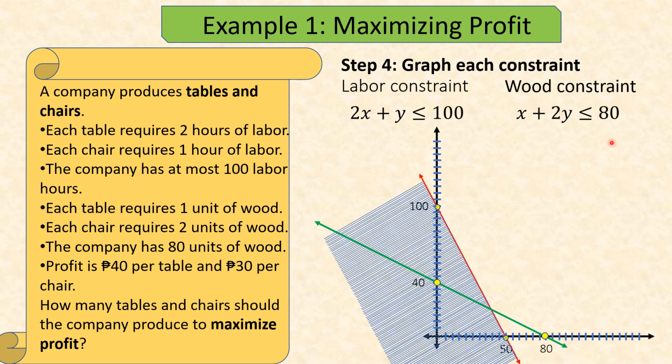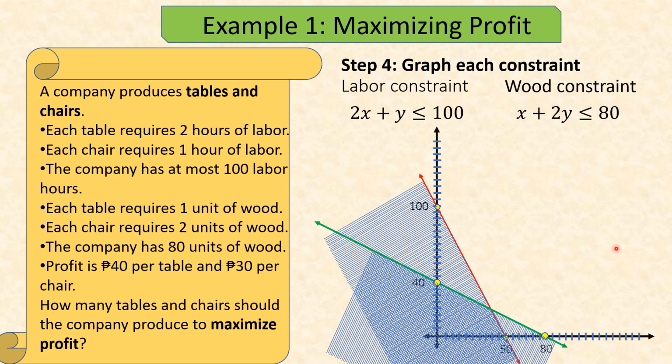And if you can see here, it says less than 80. So that means we need to shade the lower part because it says less than. Okay, if it's greater than, we need to shade the upper part. Since it's less than, we need to shade the lower part.